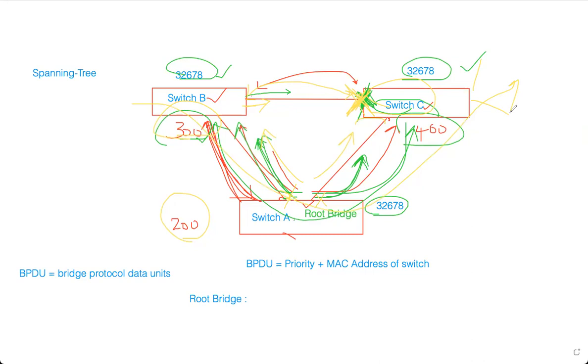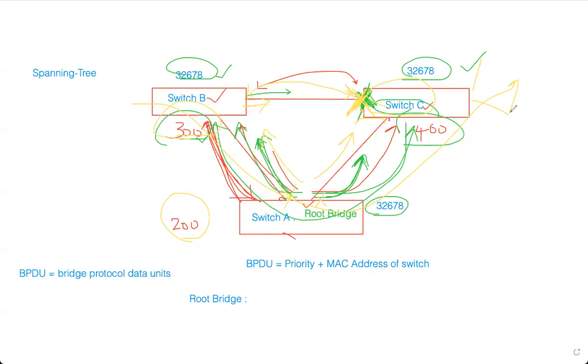Since the B to C route is blocked because of the traffic. I understand your question, but to avoid that, there are different ways. For example, there is per VLAN spanning tree. You can also do load sharing between the links.